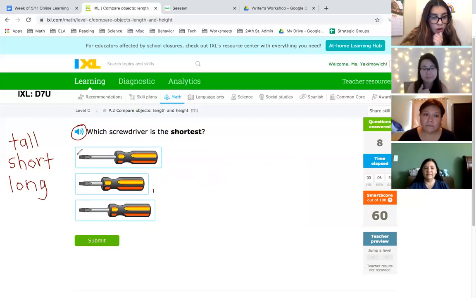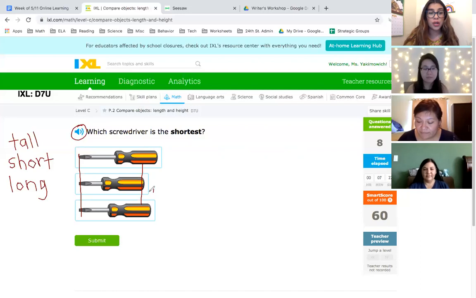I can look, they're all lined up, and that helps me determine which one's the shortest object because they're all lined up evenly. And then I can tell that this object ends faster than these other two objects. These two objects still keep going, right? They go further than that line for the middle object.